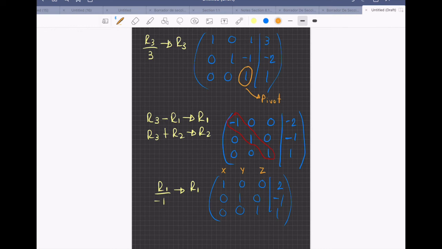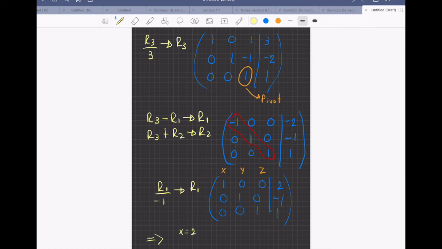So once you have this, now go back to the system of equations. For example, for equation number 1, we have 1x plus 0y plus 0z equal to 2. So the first equation is x equal to 2.